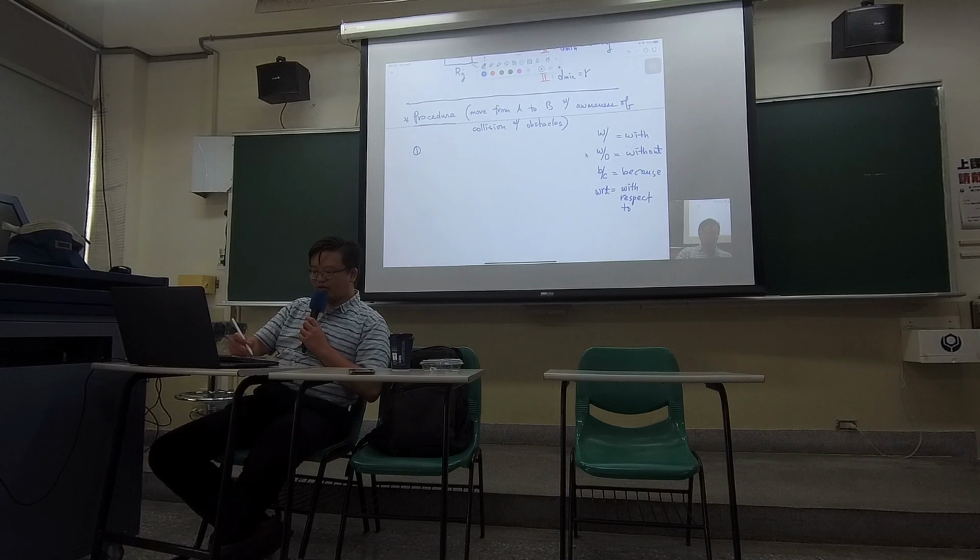Okay, so what's the general procedure? First, you are given P0 and Pn. Second, if you are moving straight, then you need to figure out P1 to Pn minus 1, and then you need to do inverse kinematics for x1 to xn minus 1.